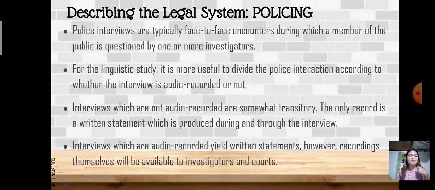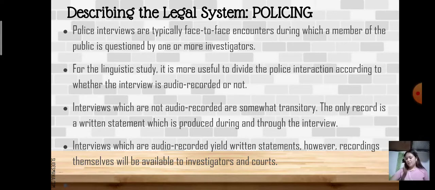So when we say audio recorded, it is clearer, no? Because when it is not recorded, there is a tendency for statement turning to happen, especially since the police is the one who leads the flow of the interview.